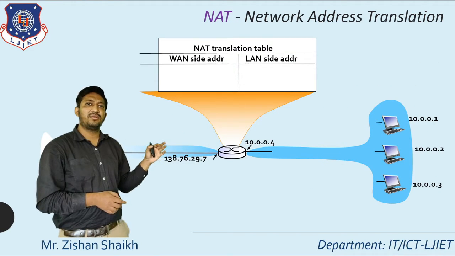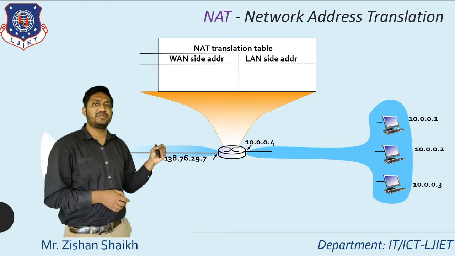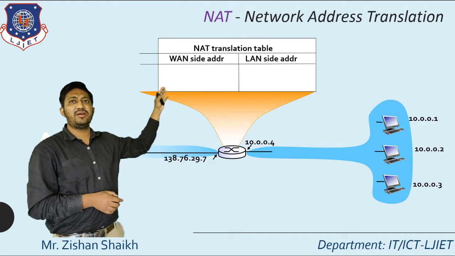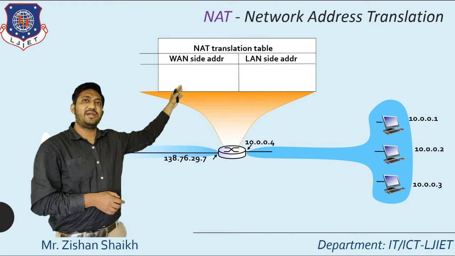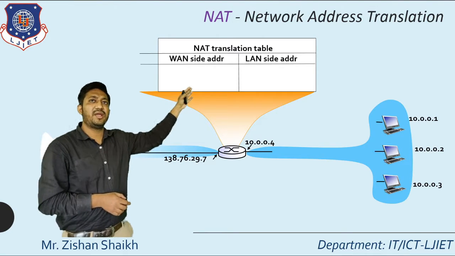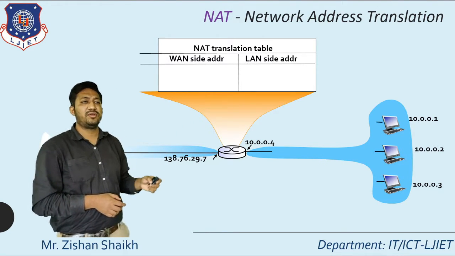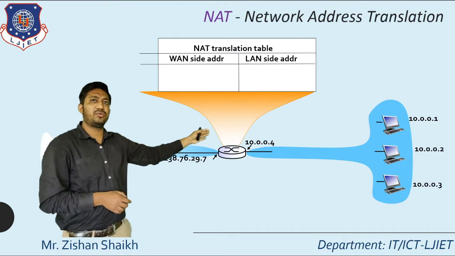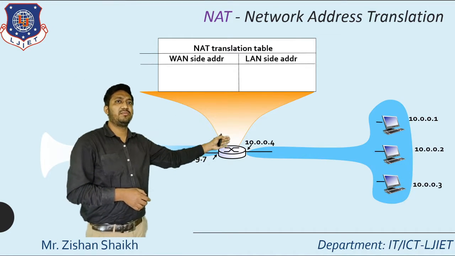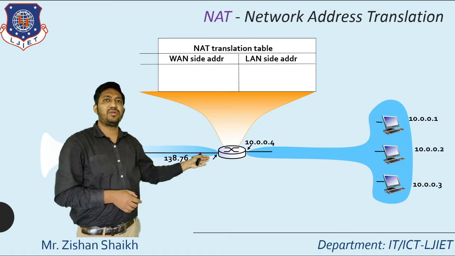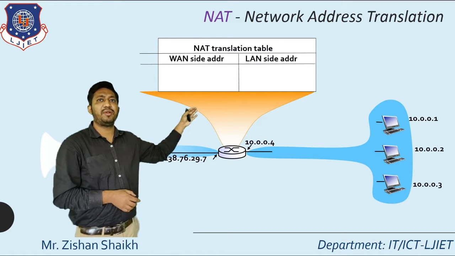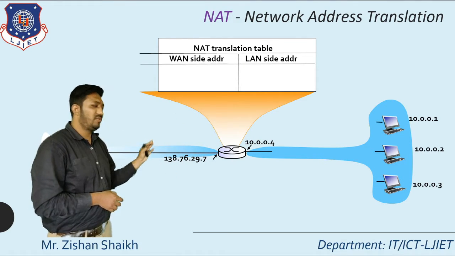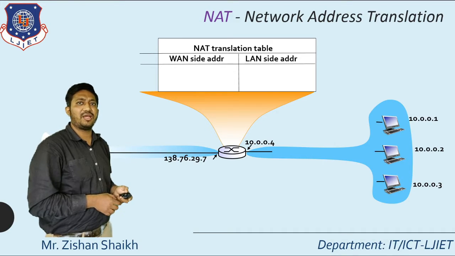Now let's understand all these three steps with the help of this animation. NAT will assign, on the wide area network side, a public IP address, and on our LAN side, a local address. According to this figure, we have three components here. One router is available with the NAT implementation, and this is the rest of the world which uses our public IP.